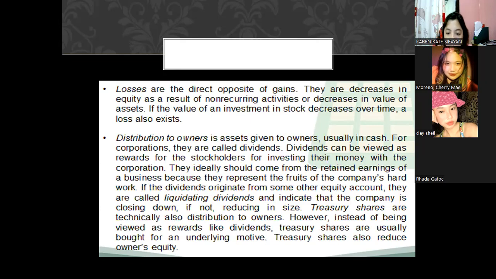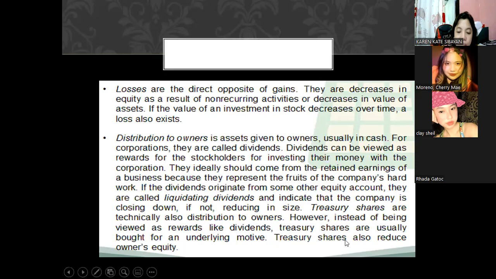Treasury shares are technically also distribution to owners. However, instead of being viewed as reward like dividends, treasury shares are usually bought for an underlying motive. So treasury shares also reduce owner's equity. Take note also of that.